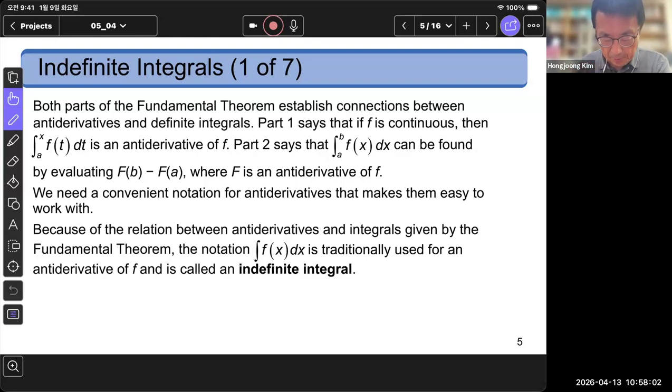When I consider the integration of f from a to b, you get a certain value, a certain number. And if I use the fundamental theorem of calculus to estimate this definite integral, I use the difference of the antiderivatives evaluated at two different values, b and a. So this result will be a number.